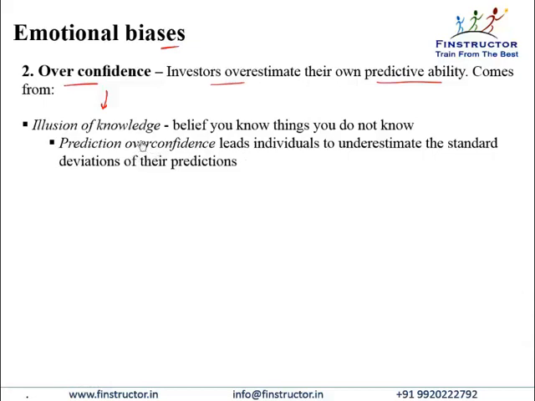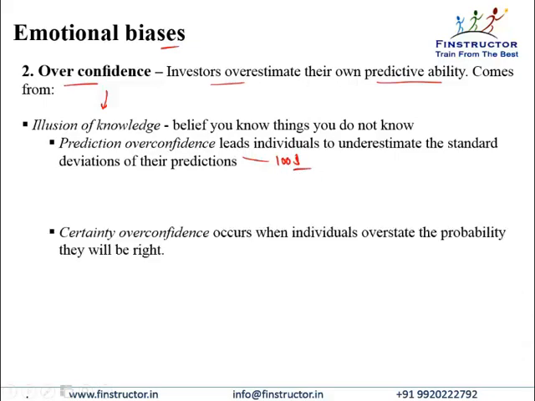An individual suffering from prediction overconfidence will make statements like, I'm 100% confident that the EPS next year will be $100. Certainty overconfidence is when individuals overestimate the probability of success. So something like, I am 80% sure that the stock will go up.